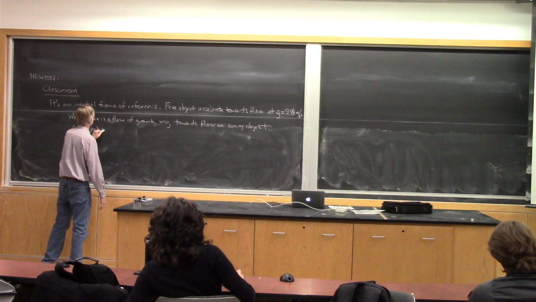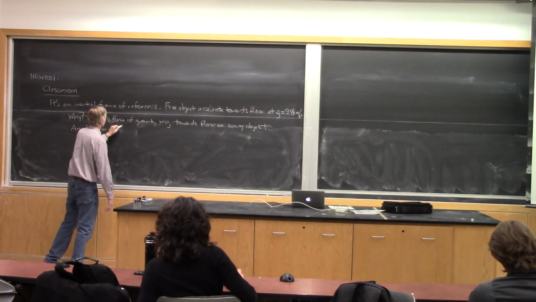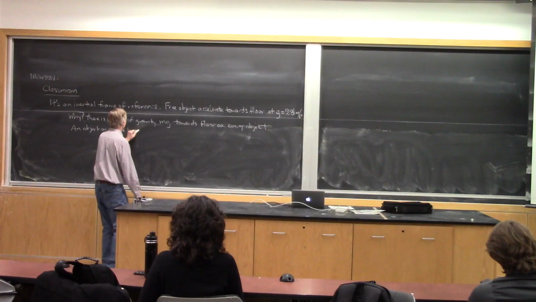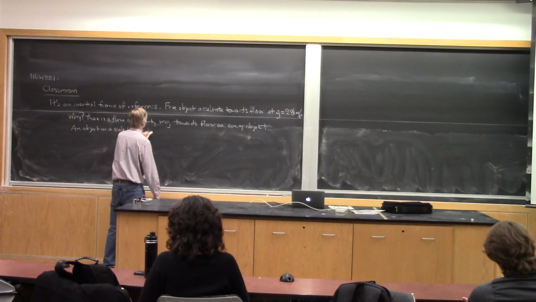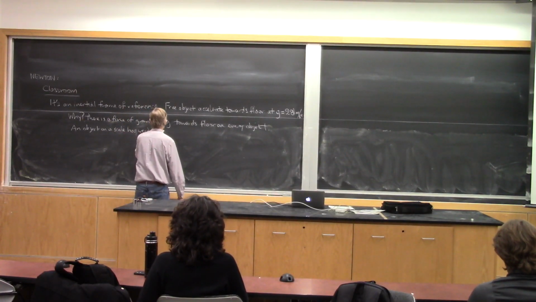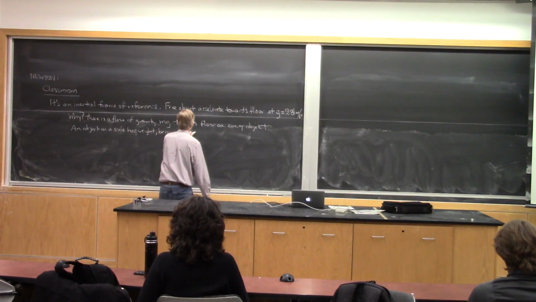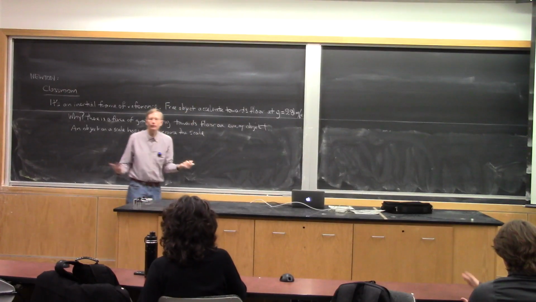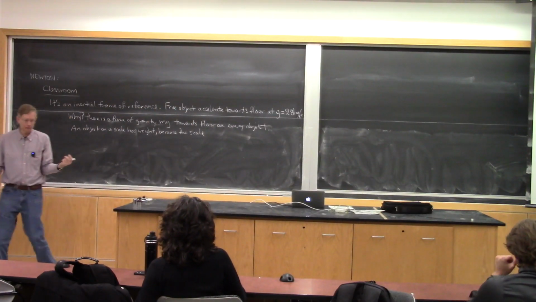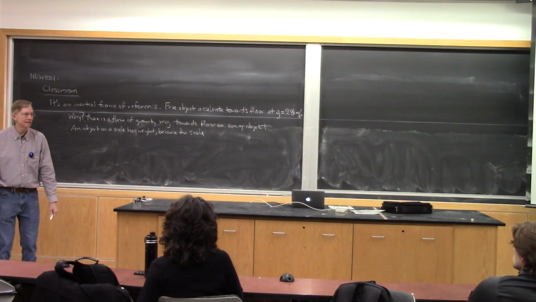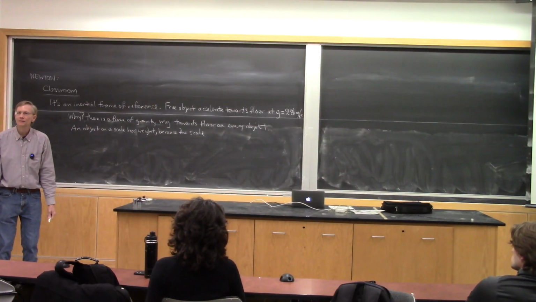An object on a scale has weight because the scale does what? I step on the scale, I've got weight. Is the scale pushing up on me? Yes, sure is.